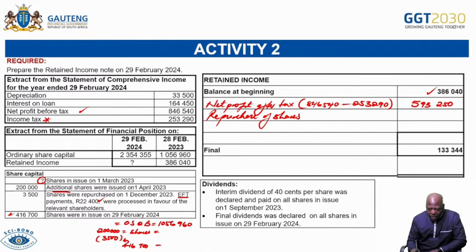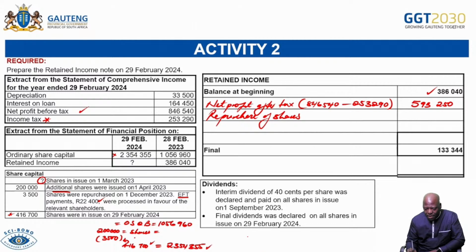And we're given the rand amount thereof, which is 2,354,355. That one we were given. So if I take my amount at the end and the shares at the end, I can get the average price which was used on the repurchase of shares.